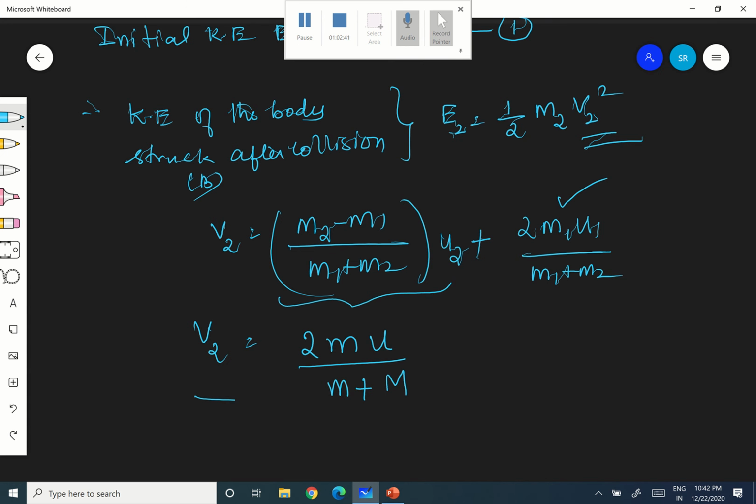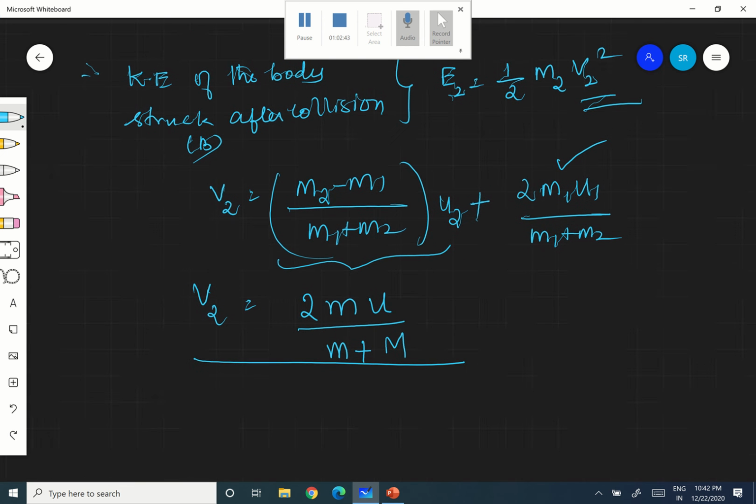Okay, so I have no idea about V2 because I want E2 equal to half M2 V2 squared. In this I have to substitute V2. So I know now V2 in terms of known factors: a body of mass m collides with another body of mass capital M with the velocity U. So all known factors you know now.